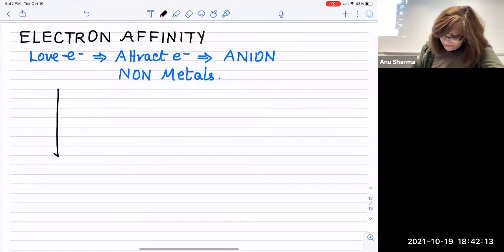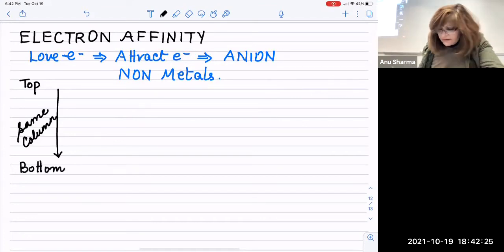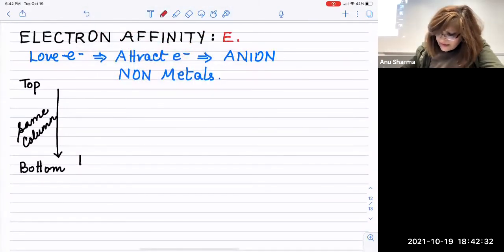In the same column, when you move from top to bottom, the electron affinity, which we call EA, decreases.